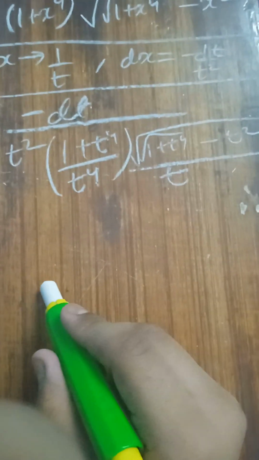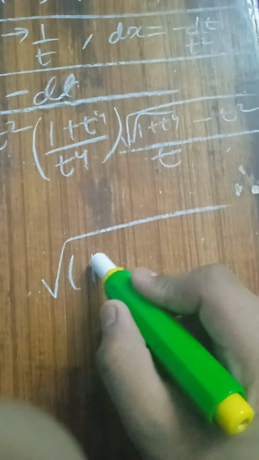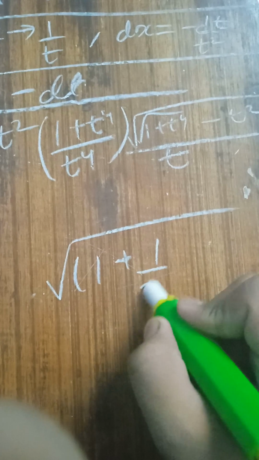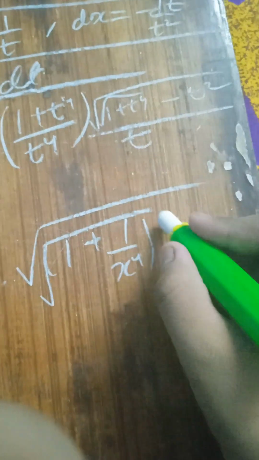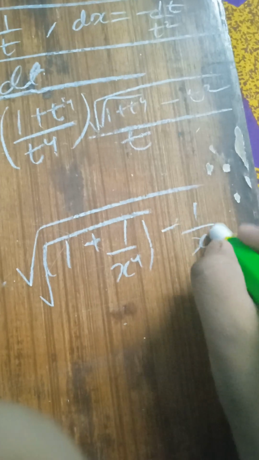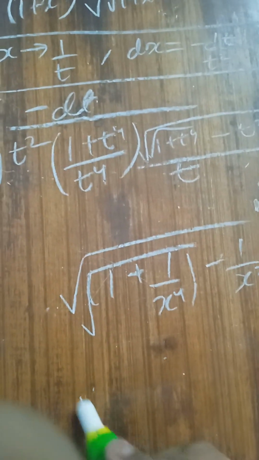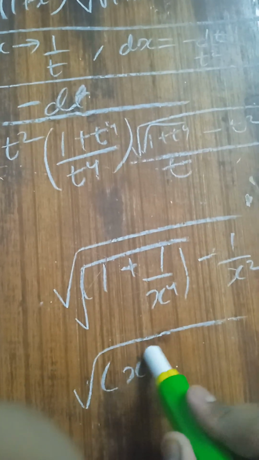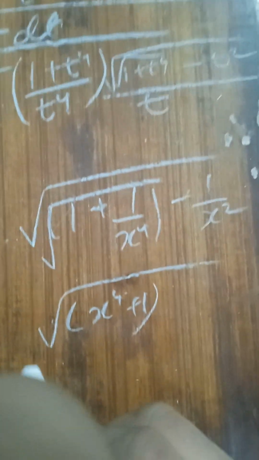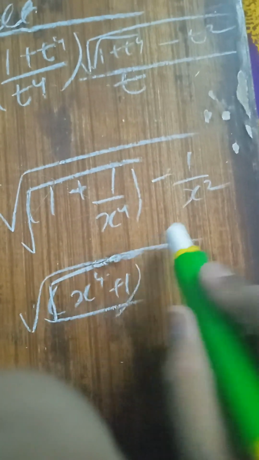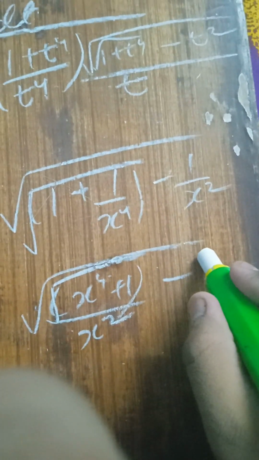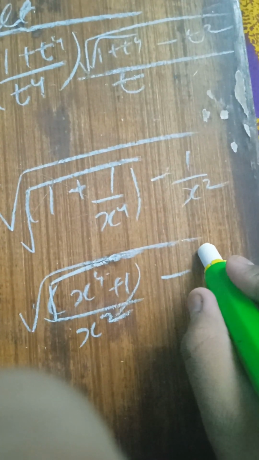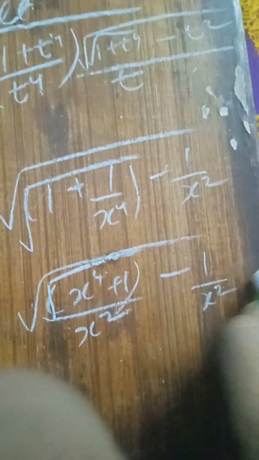My claim is the root of 1 plus 1 by x^4, minus 1 by x square, which is the root of x^4 plus 1 over x square, minus 1 by x square.